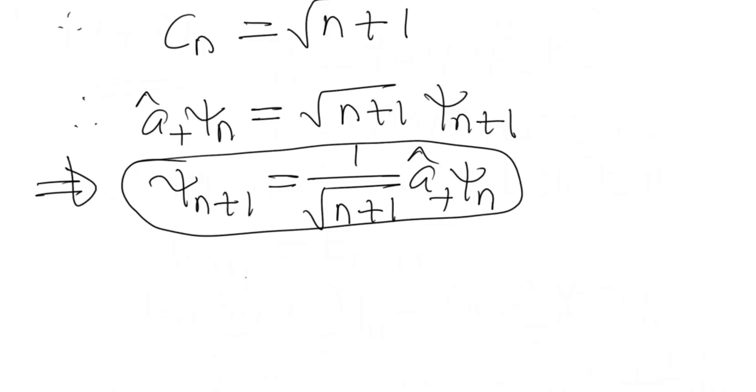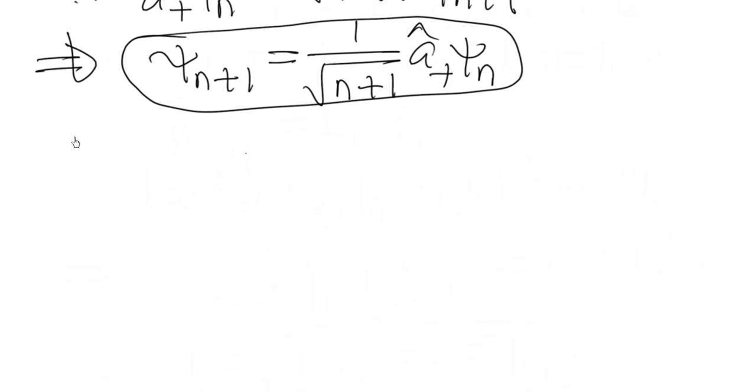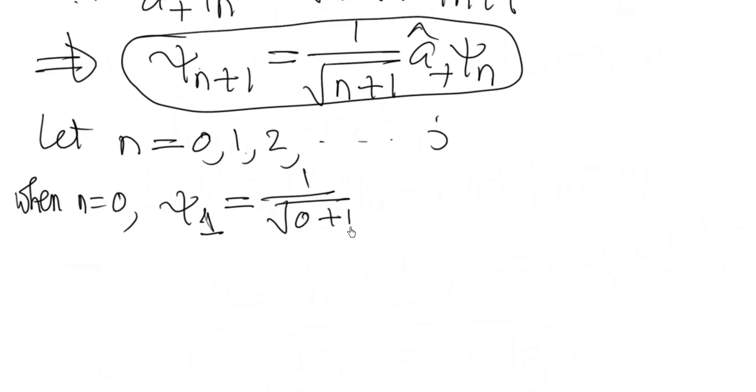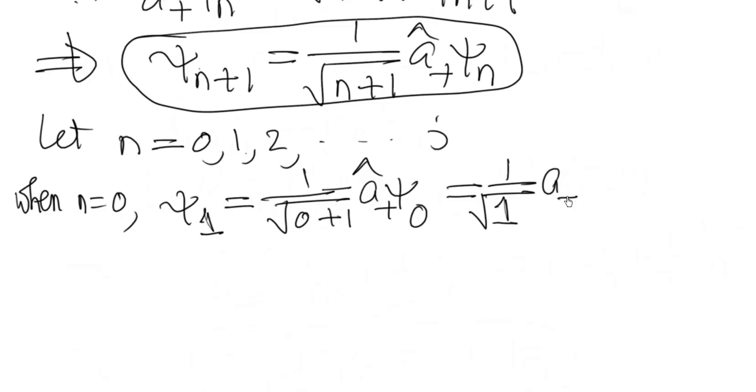Okay, in this relation, if we substitute n equal to 0, 1, 2, say j, then when n equal to 0, we have psi 1 equal to 1 divided by square root of 0 plus 1 a plus, and this is psi naught, which can be written as 1 divided by square root of 1 a plus psi naught, which can be written as this.